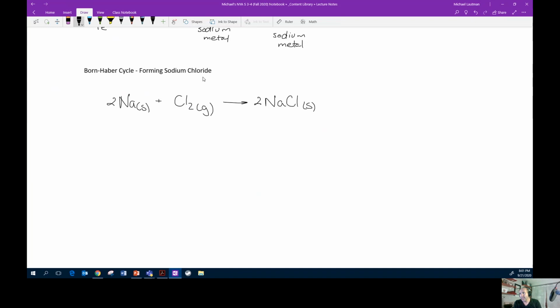So the way we can rewrite this equation to get a 1 here, we're going to say solid sodium plus 1/2 Cl2 gives sodium chloride solid. Now you're going to say, wait, I can't have fractions in a balanced equation. And you're right, you can't, except when you're doing energy calculations.